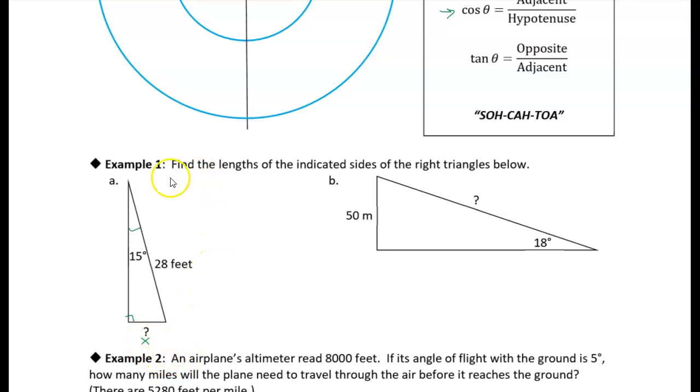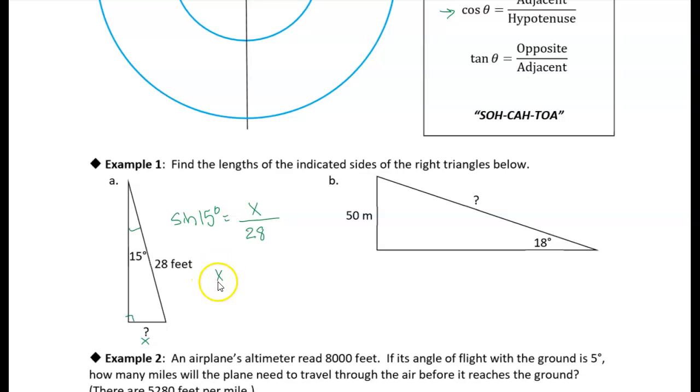All right. So, using this right triangle definition of sine, I know that sine is opposite over hypotenuse. So I know that the sine of 15 degrees is equal to x, which I'm looking for, over 28 feet. And then I can solve for x.